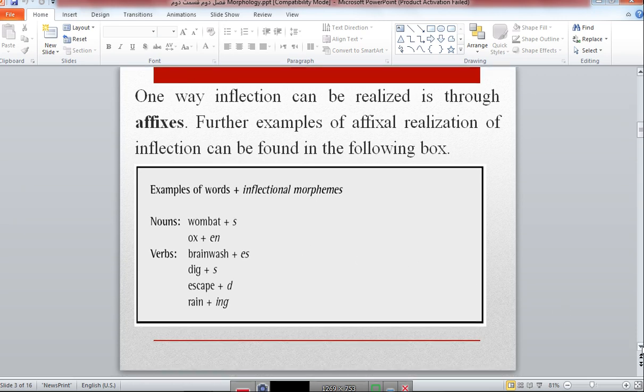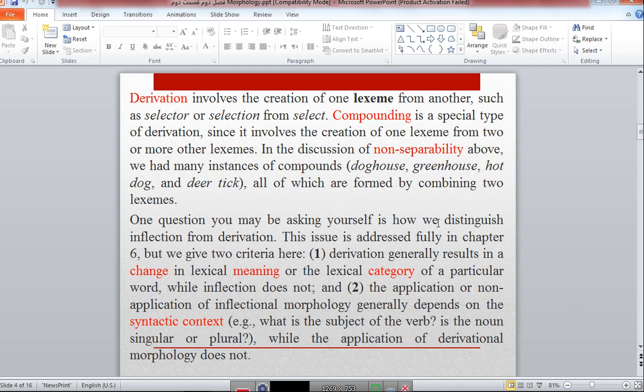What about derivation? Derivation involves the creation of one lexeme from another, such as, for example, selector or selection from select. Compounding is a special type of derivation since it involves the creation of one lexeme from two or more other lexemes.